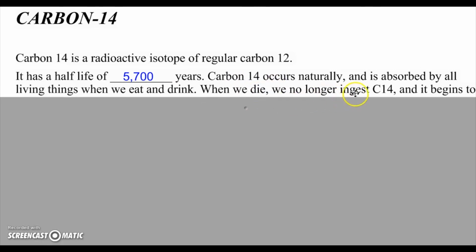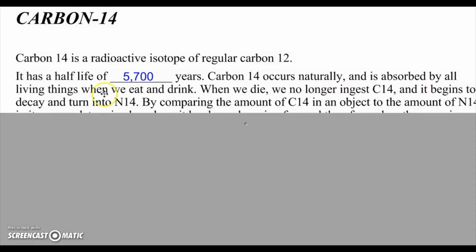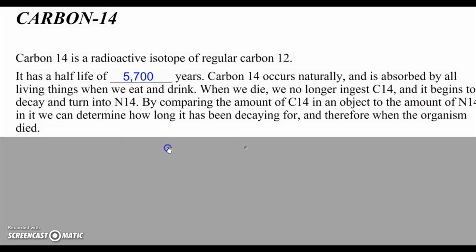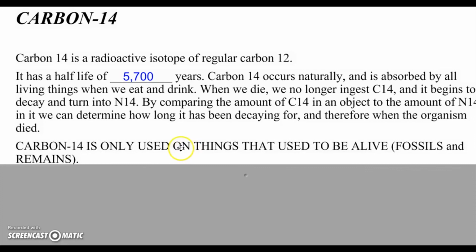When we die, we no longer ingest carbon-14 and it begins to decay, turn into nitrogen-14. By comparing the amount of carbon-14 and the amount of nitrogen-14, we can determine how long it has been decaying and therefore when the organism died. It's only used in things that used to be alive.